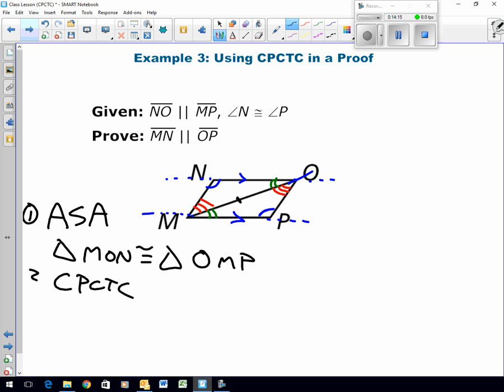So if that was our first step, here's our next one. These are my statements, and here is my justification. I'm not doing this the easiest way. Statements would be on the left side of the column. Justification would be on the right side of the column. CPCTC would prove that MN is congruent to OP.